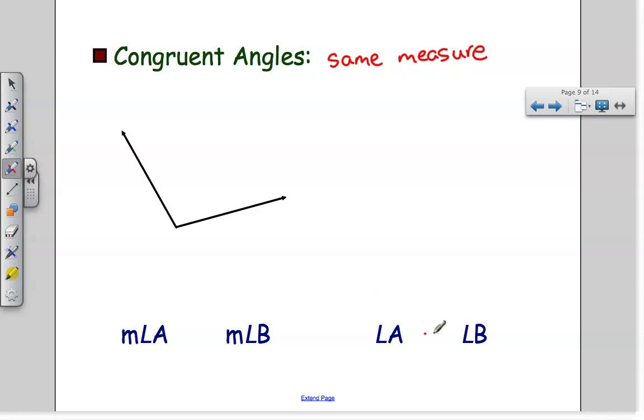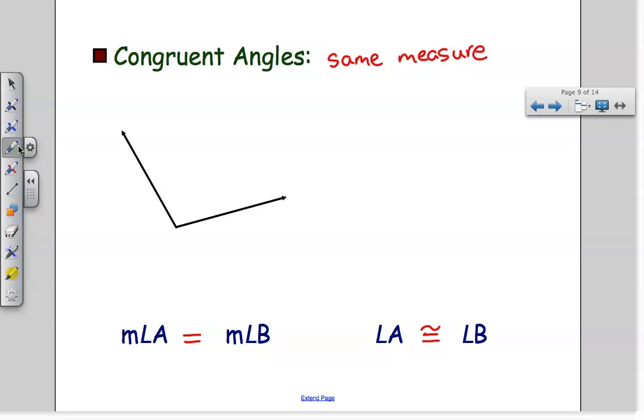So if angle A was congruent, using that symbol, to angle B, it would also mean that the measure of angle A was equal to the measure of angle B. So just like with line segments, there's a distinction here. When you talk about the measure, you're talking about the numbers, and the numbers are equal. When you're talking about the angles themselves, you're talking about the physical geometric object, and those things are congruent.